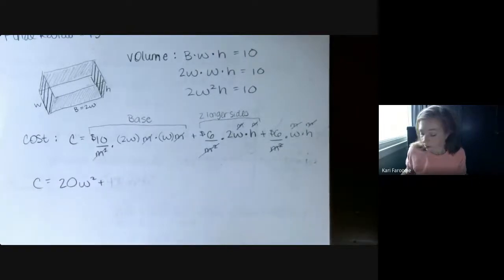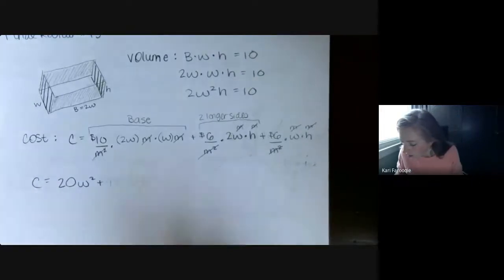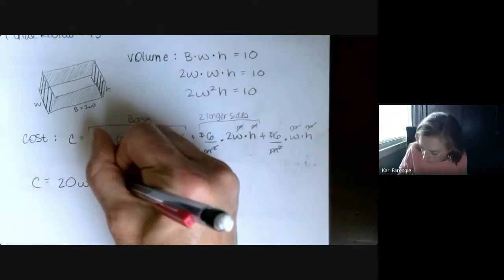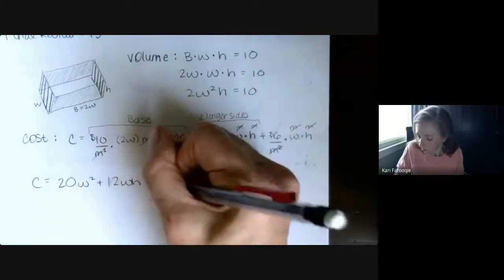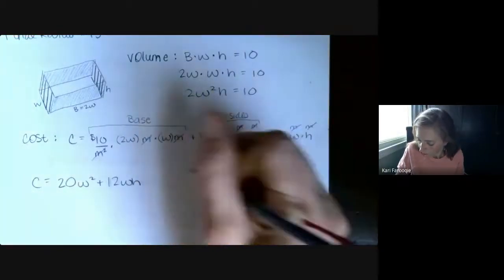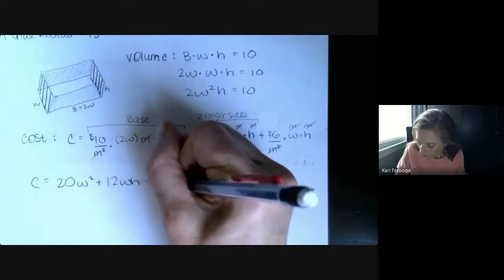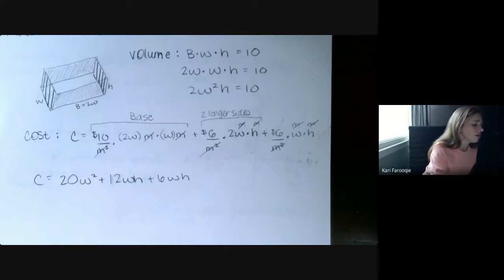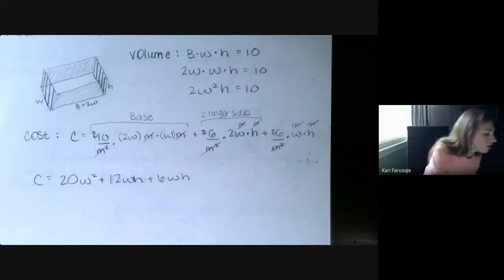Sorry about that. All right, so we have 20W squared plus 12WH, and then plus 6WH. Oh, what am I still missing? 2W, WH, 18. How do I have 36 on here?